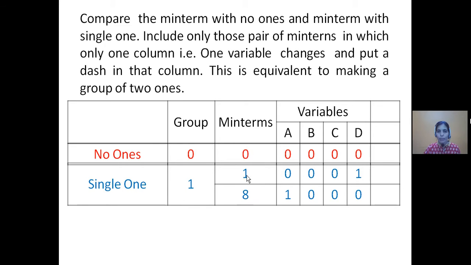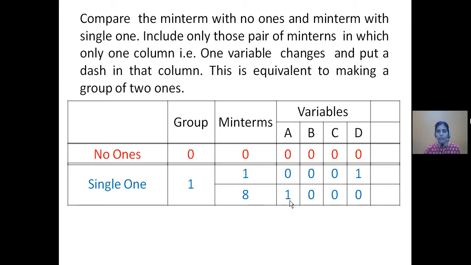So when 0 is compared with 1, we find that A is 0, B is also 0, C is also 0, and D is changing. So there is only one variable change, and therefore we form a pair of 0 and 1. Also, if we compare 0 and 8, A is changing from 0 to 1. However, B is constant, C is constant at 0, and D is also constant at 0.